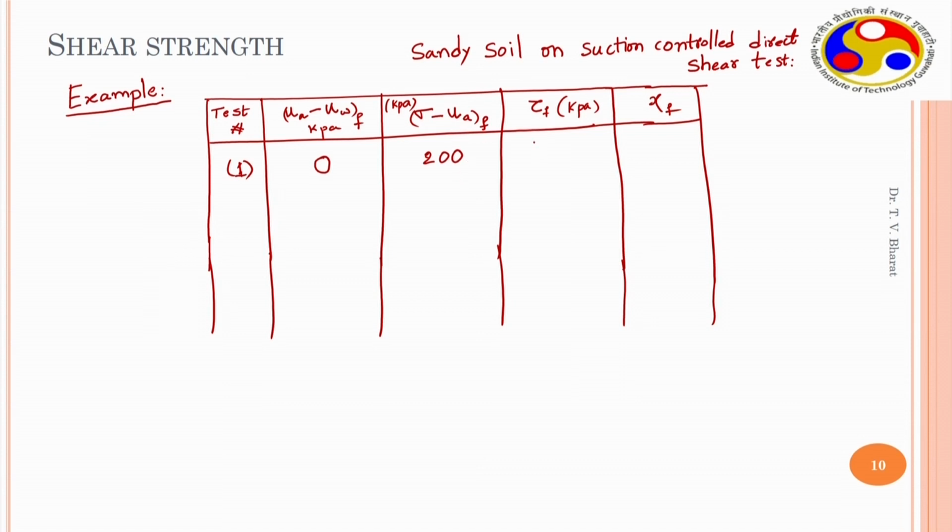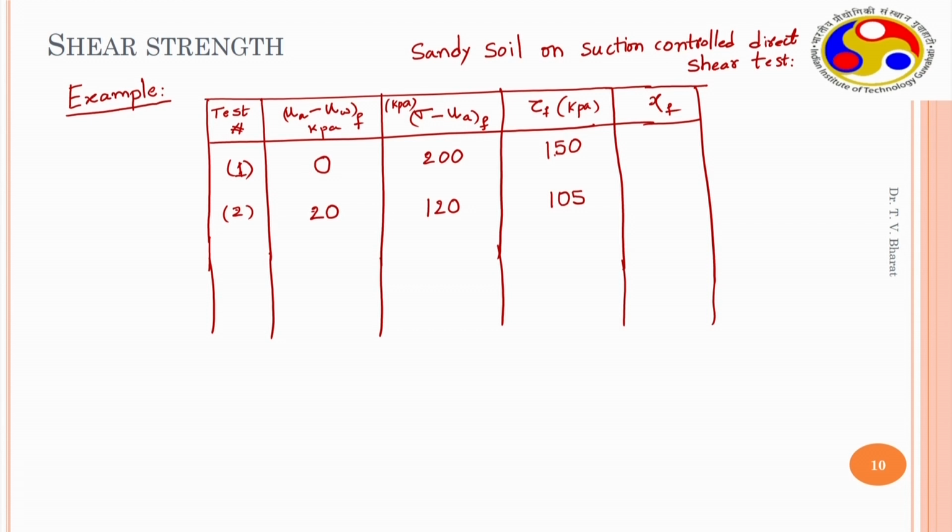Then the tau f, the shear stress at failure, is observed to be 150 kilopascal. So, this is the first test, and when you conduct the second test by maintaining a suction value of 20 kilopascal and sigma minus UA is maintained to be 120 kilopascal, and tau f is observed to be 105.